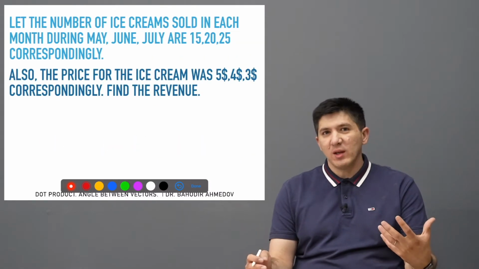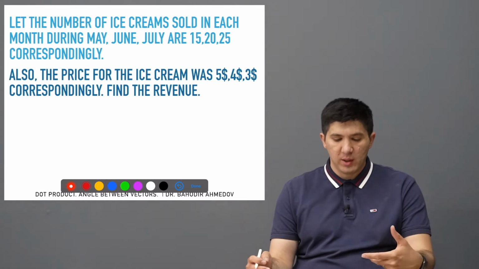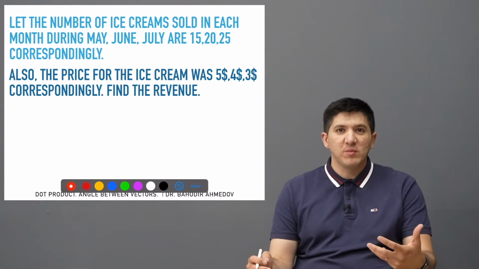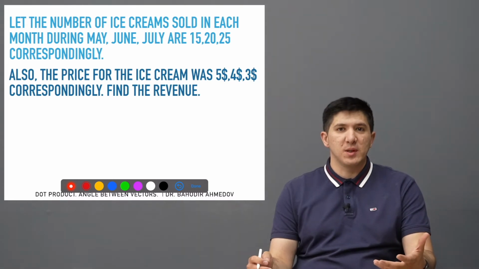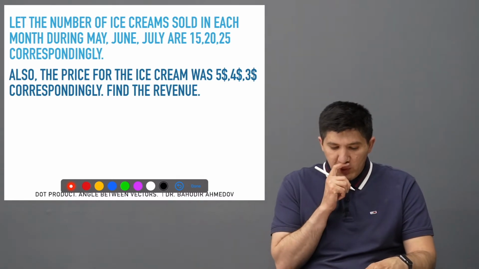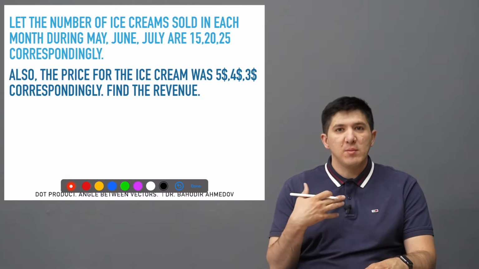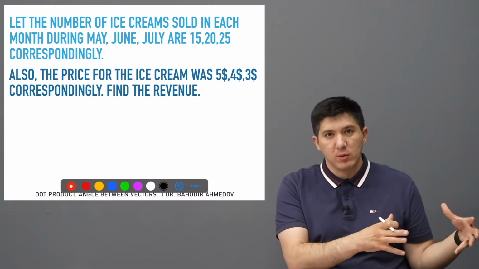Well, one of the easy ways to see examples of the dot product in computer science would be the storage of two vectors and doing some operations with them using loops, for example. So let's assume that you know the data on the number of ice creams sold by some small store.